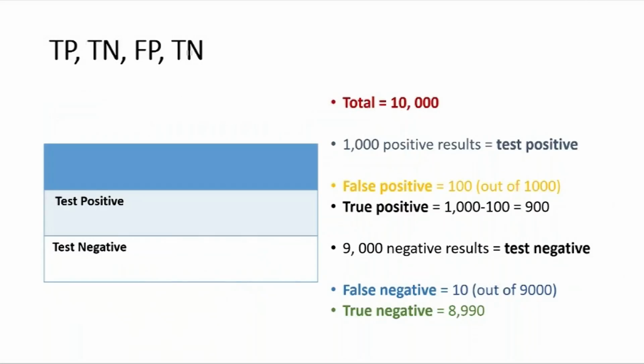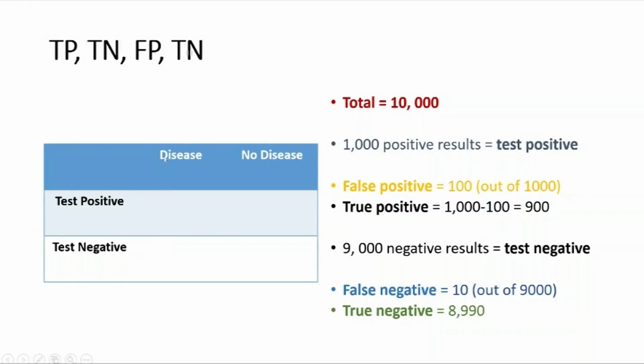Now to construct our information on a 2 by 2 table, on your vertical column, you have your test positive and test negative. On your top horizontal row, you have disease and no disease. So we'll start to insert.